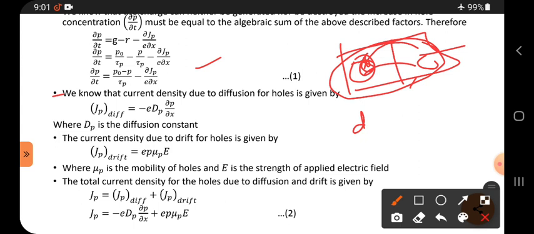This process is called diffusion, and while it is moving in this direction, distance increases. When distance increases, concentration decreases. So that is why we attach a minus.